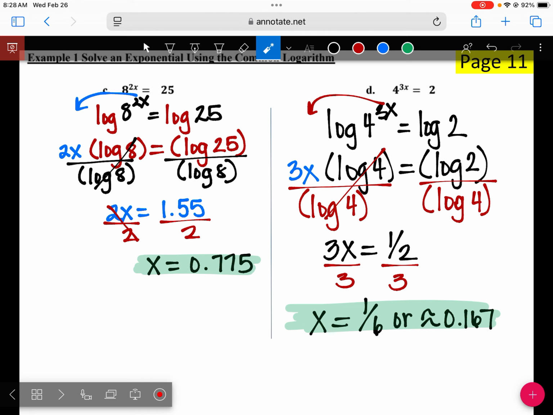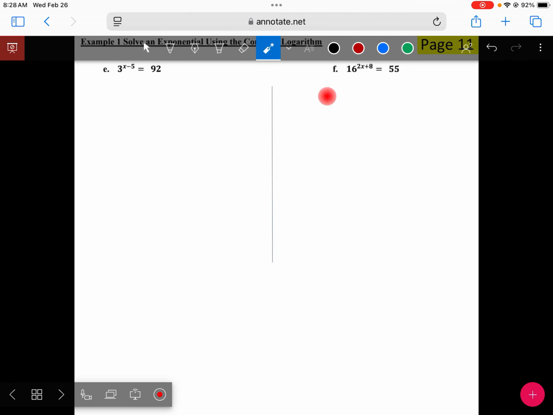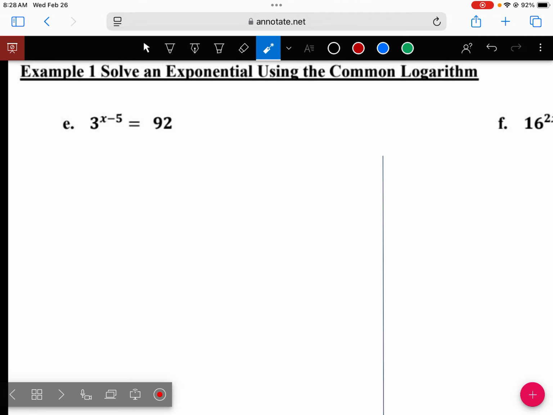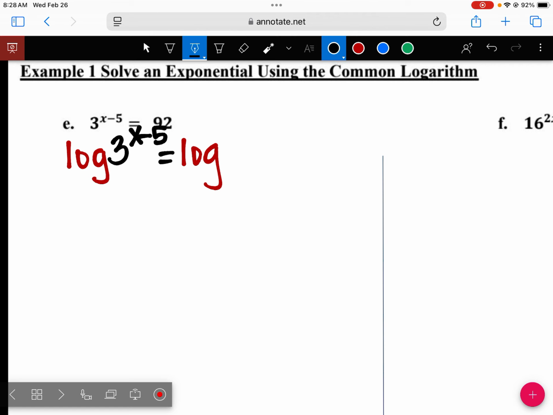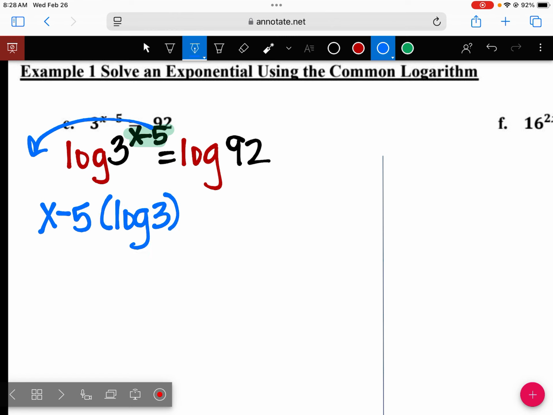All right, couple more and then we'll start our homework. I know, almost there. All right, let's do this one here. Start off by putting in your log. That's the first step. Put your log in. And this time we're moving our exponent, which is x minus 5. That gets moved to the front. So I have x minus 5, and I'm going to put that log of 3 in parentheses.